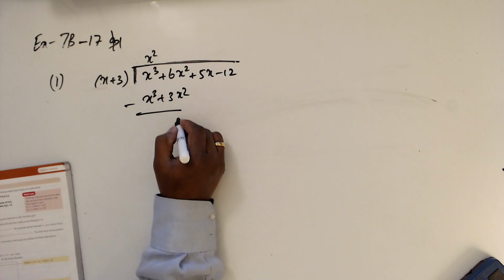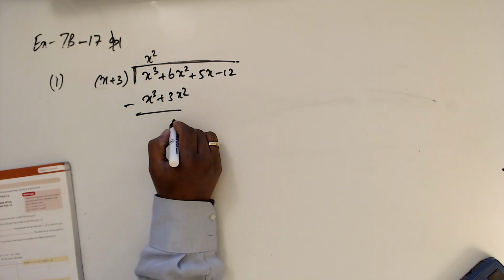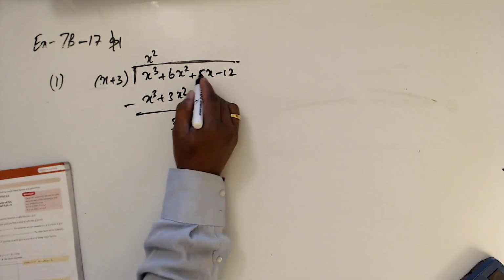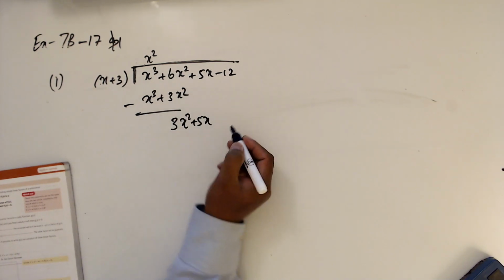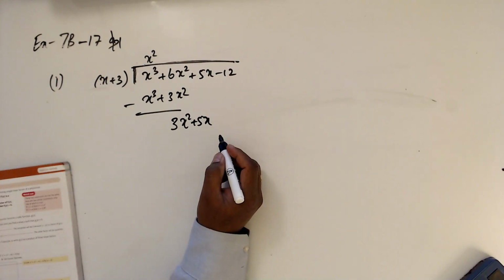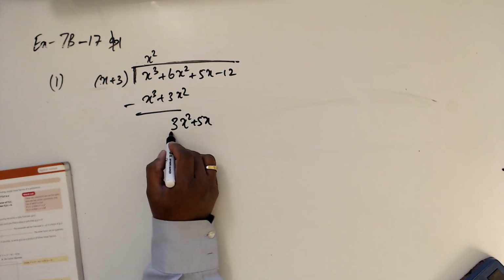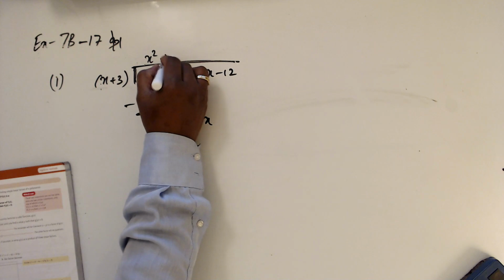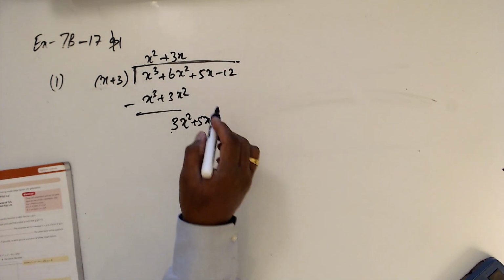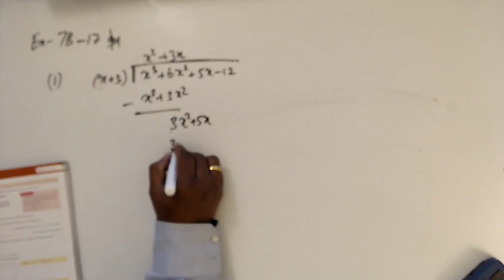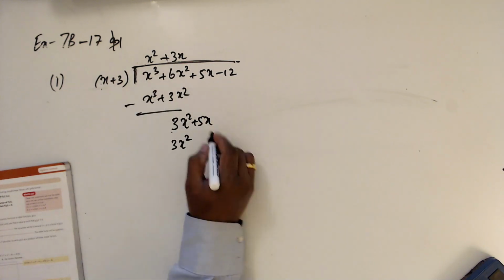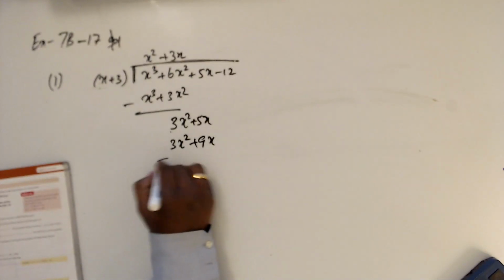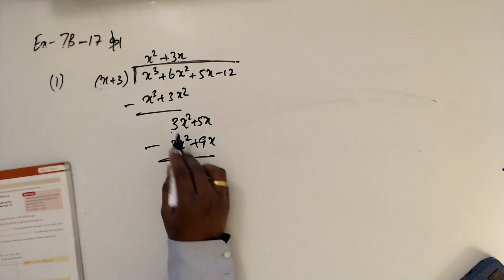When you minus these two, this is going to be 6 minus 3, 3x square, and I'll bring this 5x down. And how many x goes into 3x square? Plus 3x. So 3x times 3x square. 3 times 3, 9, and plus x, minus this one.